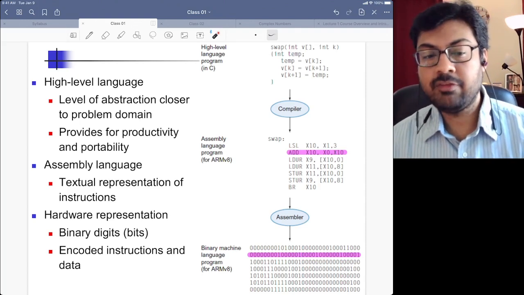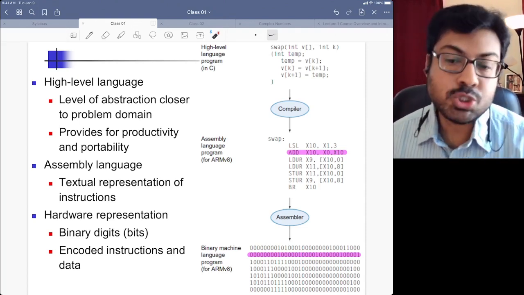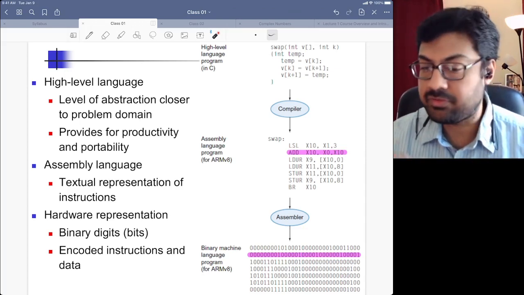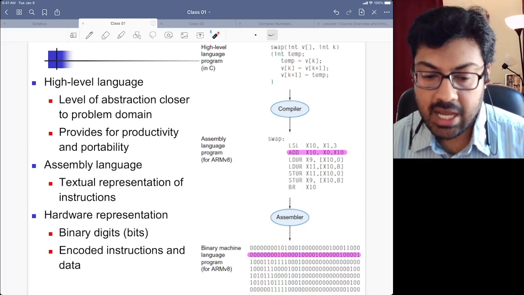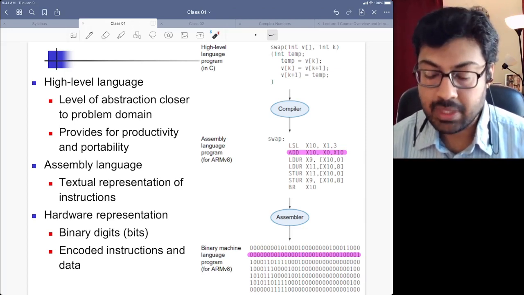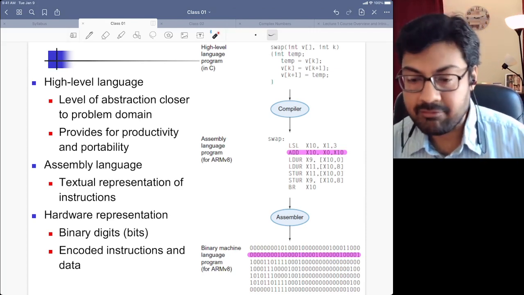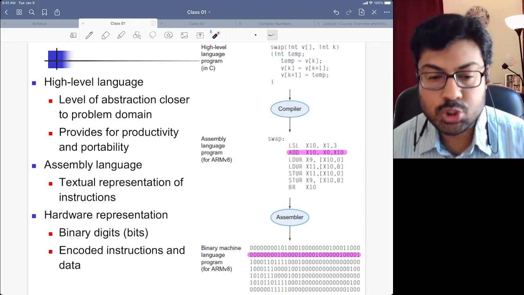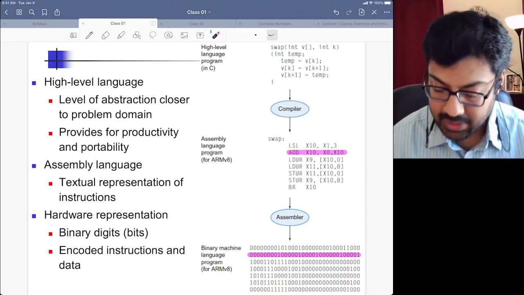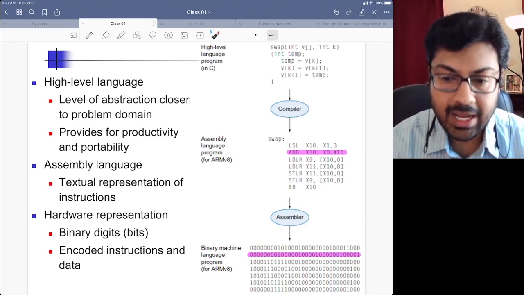MIPS is pretty easy to learn and follow, but once you get a command over MIPS, you can go to x86 and the other instruction set architectures pretty easily. That's the reason why generally MIPS, or in some schools RISC, is taught. It becomes very tedious to teach x86 in school.